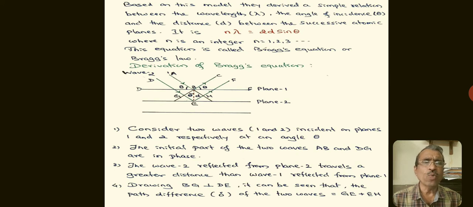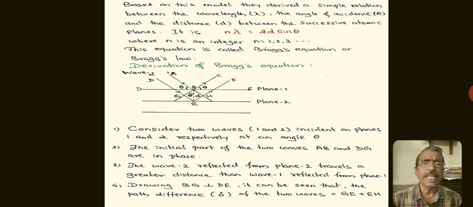Consider the two waves 1 and 2 incident on planes 1 and 2 respectively at an angle theta. The initial parts of the two waves, AB and DG, are in phase. The wave 2 reflected from plane 2 travels a greater distance than wave 1 reflected from plane 1.